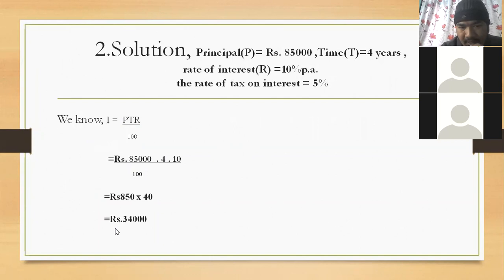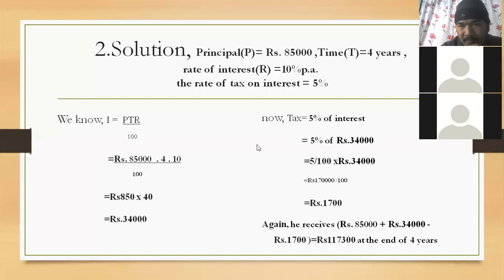Then you'll get 34,000, right? And from that 34,000 we have to find out tax. Tax is 5% of that interest. Then you'll get 1,700. That much money you have to pay to the government as tax.